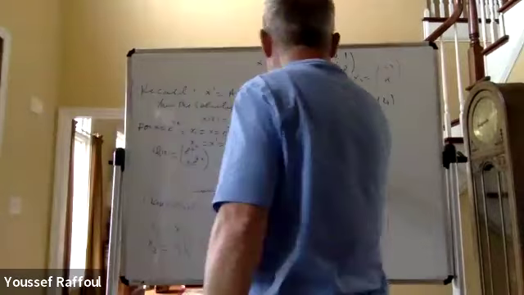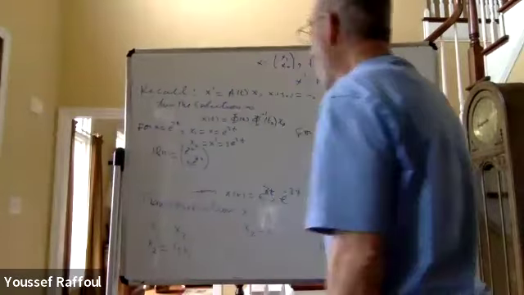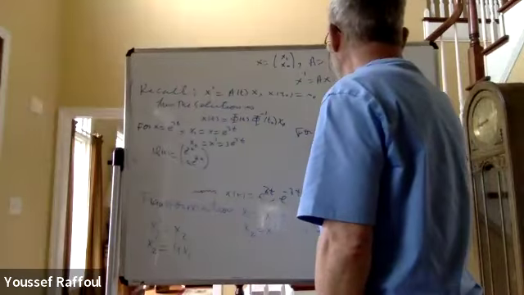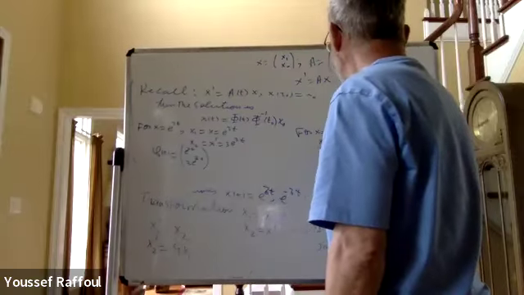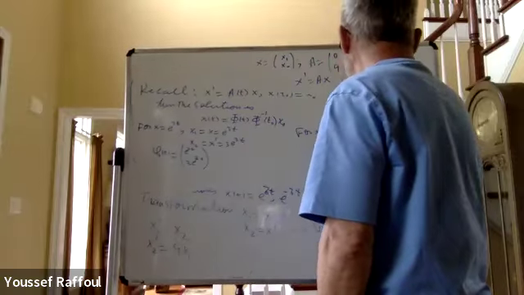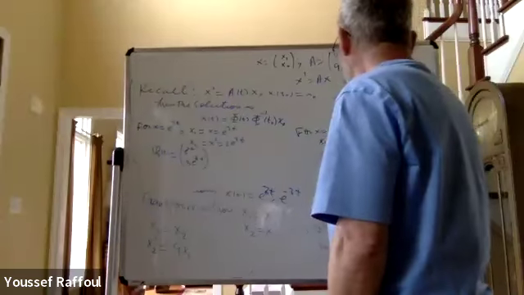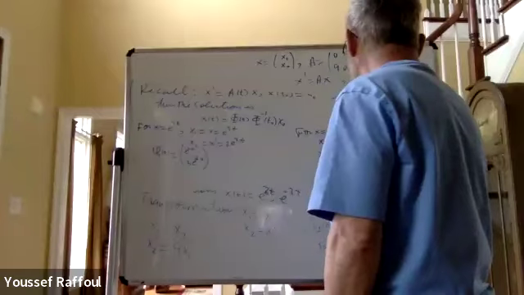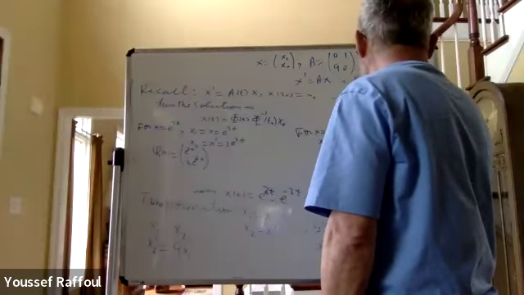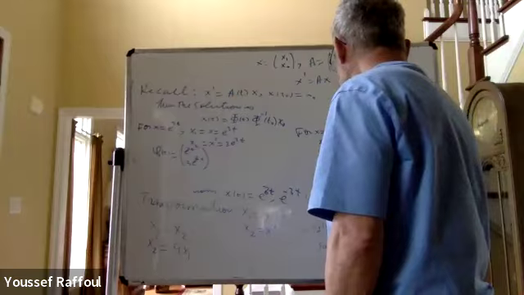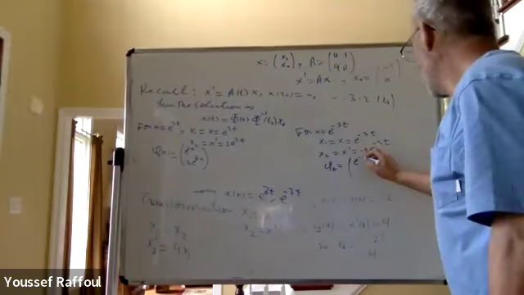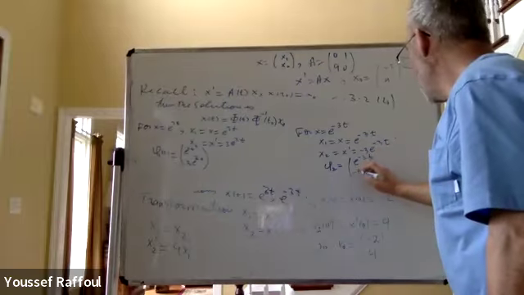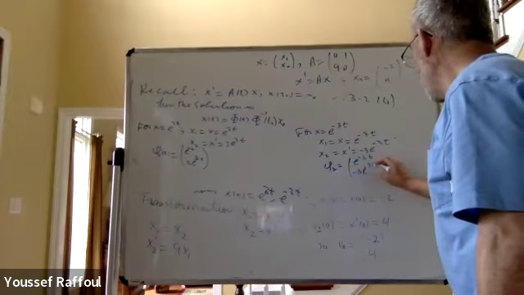And now, for x equal e to the minus 3t, we have x1 is x is e to the minus 3t, and x2 is x prime, that is minus 3 e to the minus 3t. Then we take phi 2 to be e to the minus 3t and minus 3 e to the minus 3t.